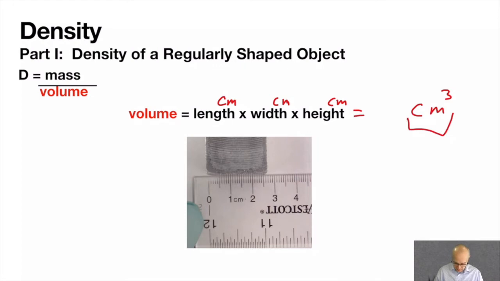Just so you know, 1 centimeter cubed is actually the same as 1 milliliter. They're the same amount. Easy enough, right? So you measure the cube, all 3 sides, multiply through, get its volume in centimeters cubed. You have its mass. Divide the mass by the volume, you have its density.